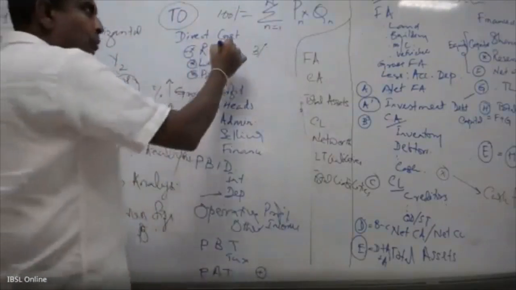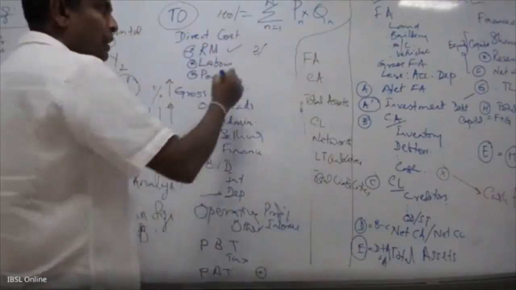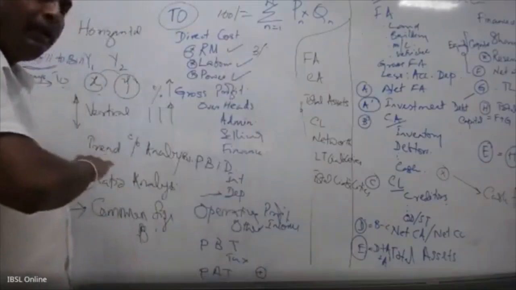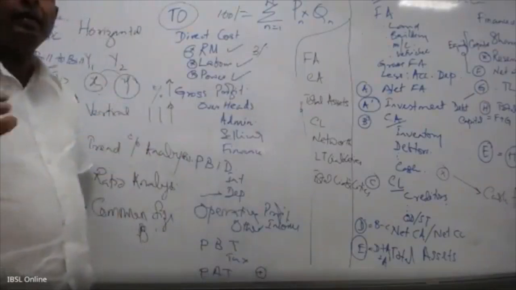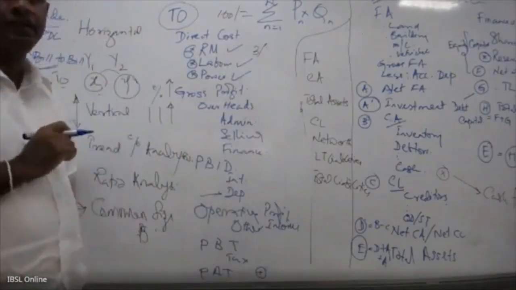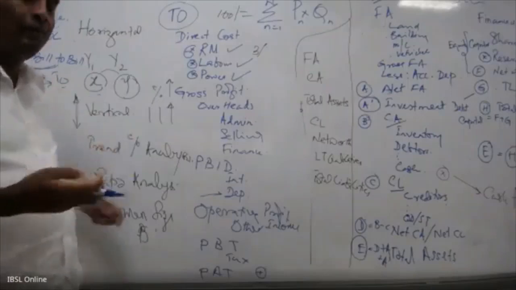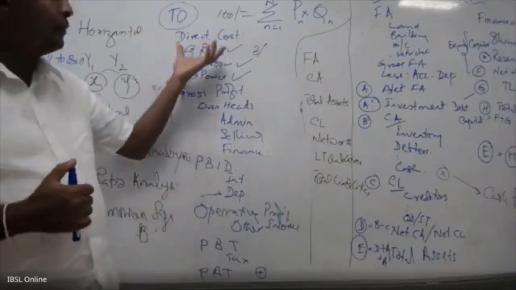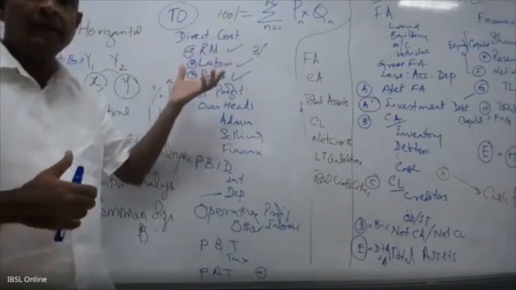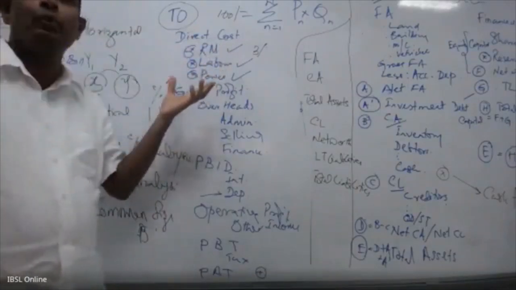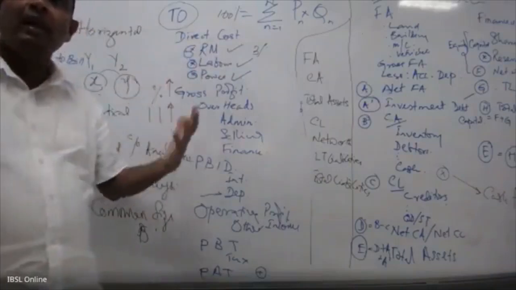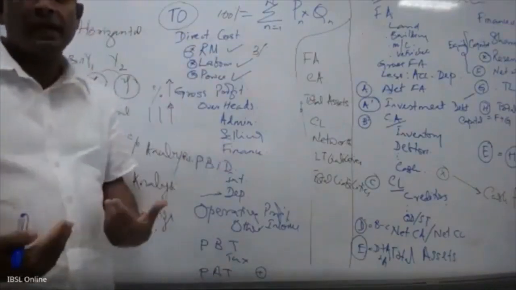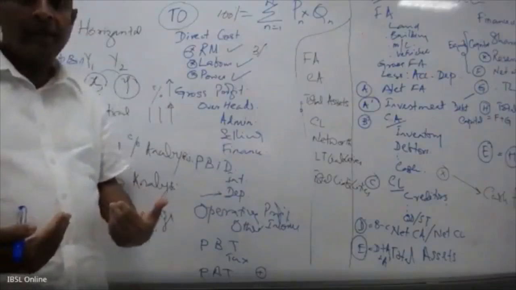When raw material price changes or labor price changes or power price changes, it will affect the entire population of producers. Like if we see a bakery, if the price of flour increases, it will affect all the bakery owners. So everyone will have to decide whether to pass it to the customer or bear it, right?